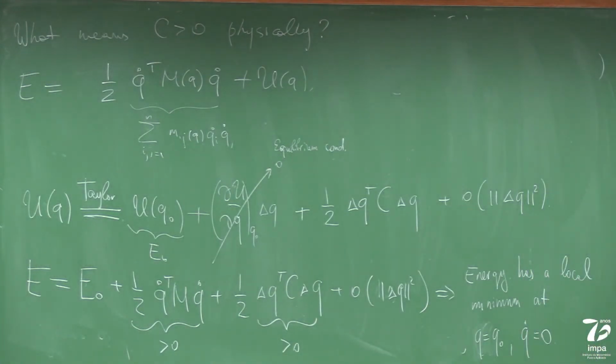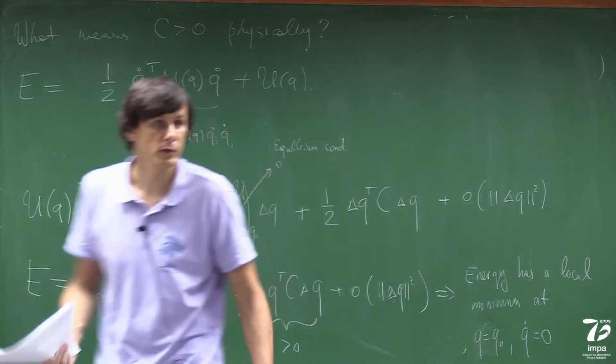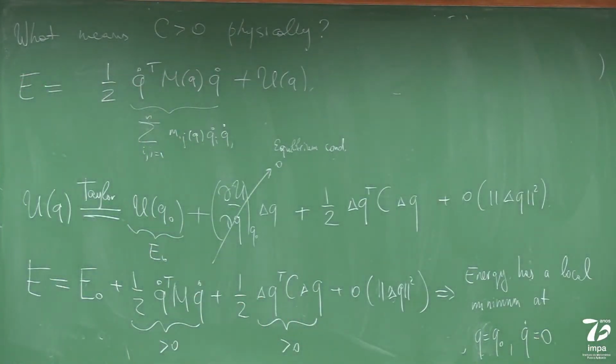So essentially what we ask for in the theorem and what we will use for the proof is that energy has a minimum, and this is what we will prove.